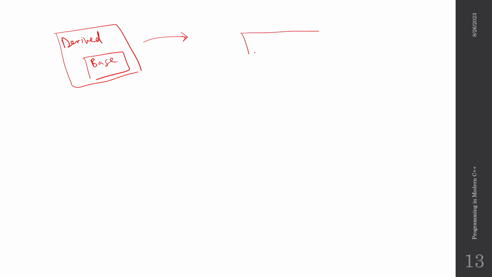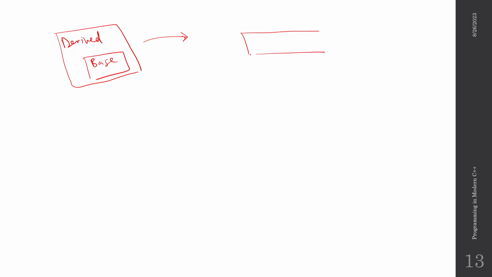I remember that the derived classes, they all contain a small base class. Okay, one thing is this, and the other thing is that when you create an object of this class, the memory layout is somewhat like this. Okay, so how is it stored in the memory?